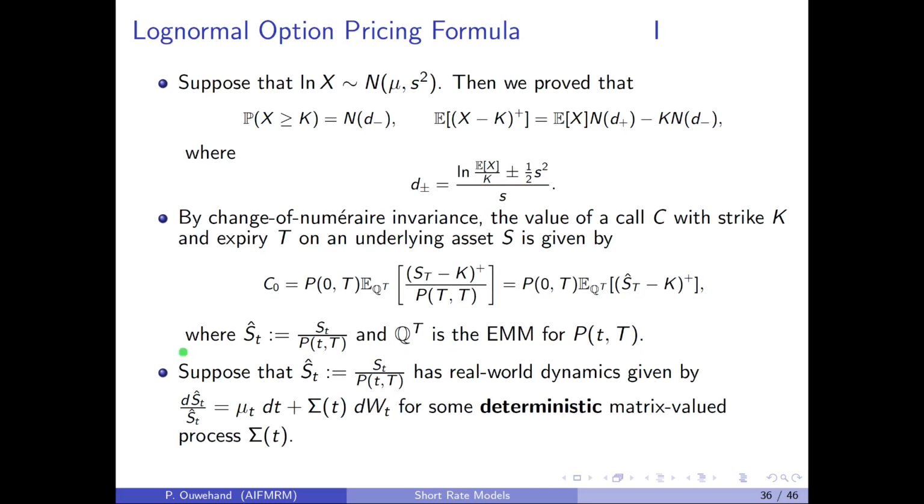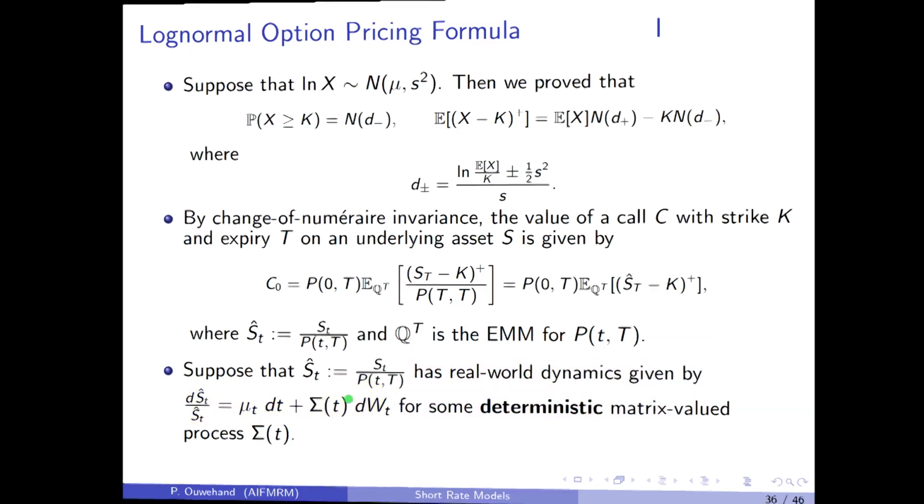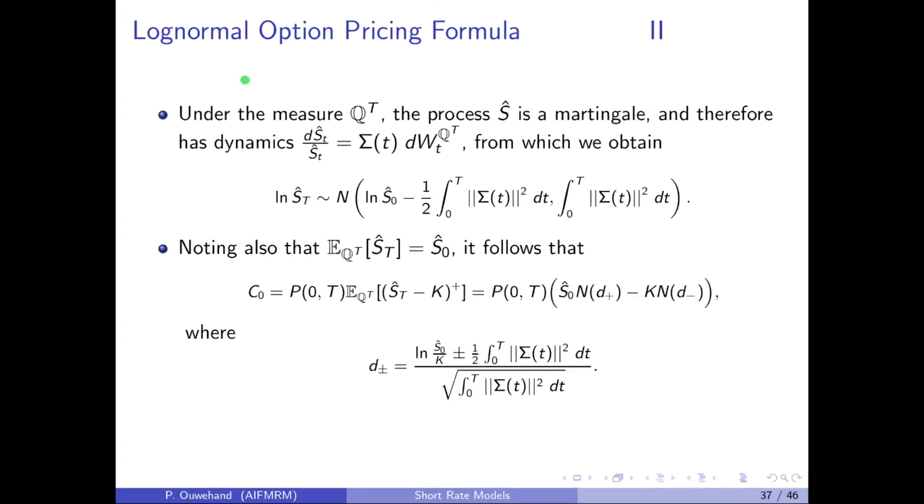Now suppose that S hat has real-world dynamics given as follows for some deterministic volatility matrix. Recall that under the measure Q_T, the process S hat is a martingale and therefore will have zero drift. As its volatility will remain unchanged, the dynamics of S hat must therefore be given as follows, where W^{Q_T} is a Q_T Brownian motion.